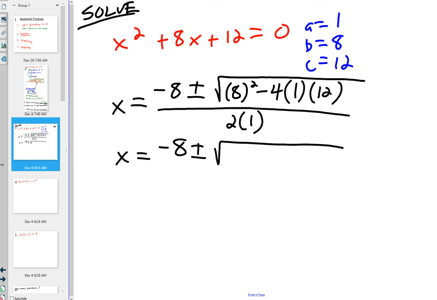So we key it in incorrectly and we get a negative. But anytime you square a number, what type of number do you have to get? A positive. Positive times positive is positive. Negative times negative is positive. So even if your calculator is telling you a negative, it's because you keyed it in wrong. Keep that in mind. So 8 times 8 is 64.